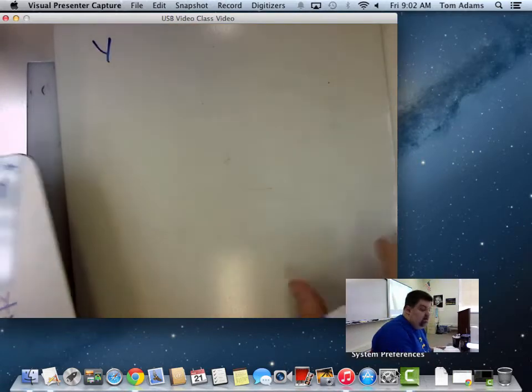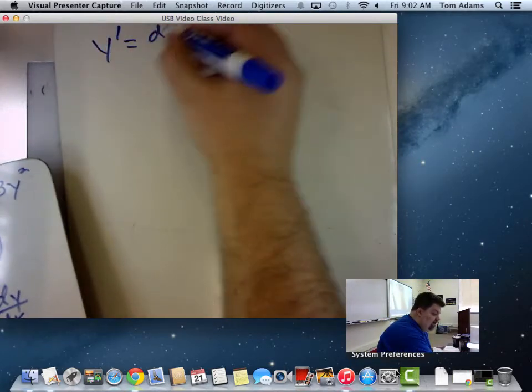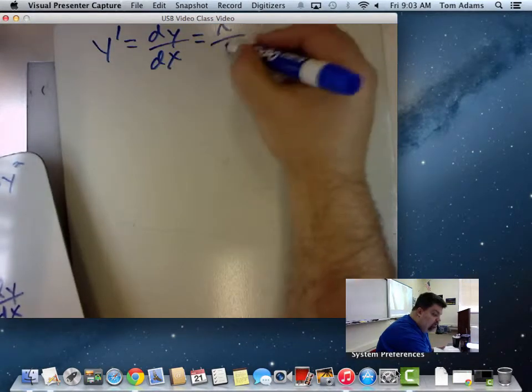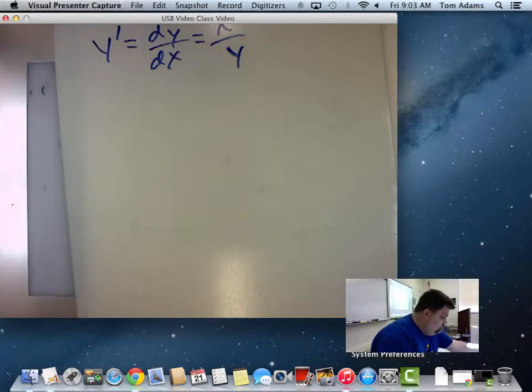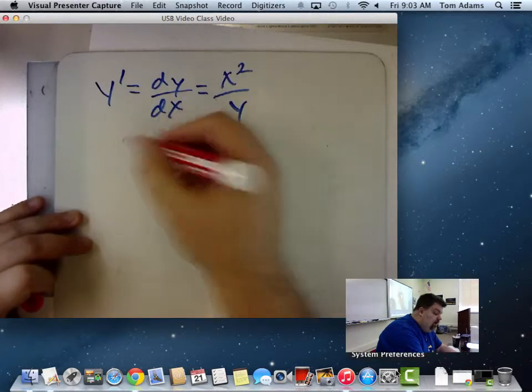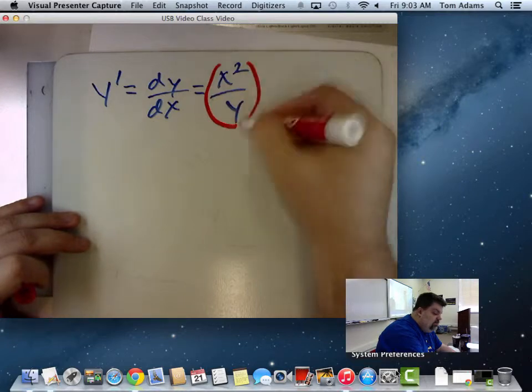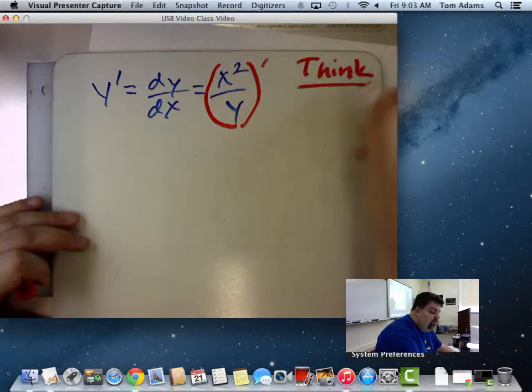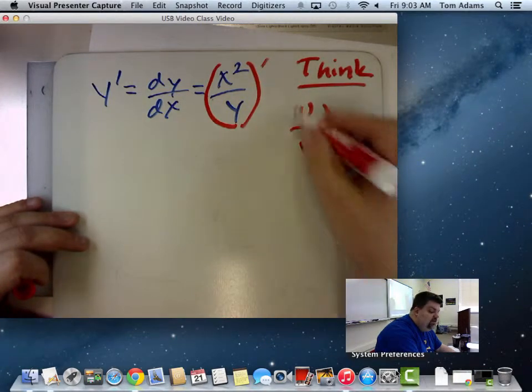So I'm going to start fresh over here, and I'm going to say y prime then is dy/dx, which is equal to x squared over y. Well, we wanted y double prime. So now to find y double prime, I just have to take the derivative of this. And to take the derivative of this, I need to think of it like this, u over v prime.